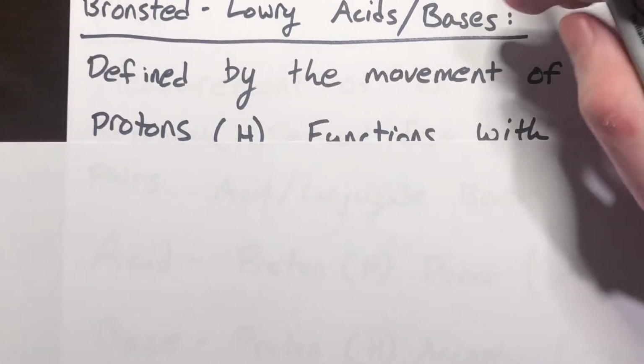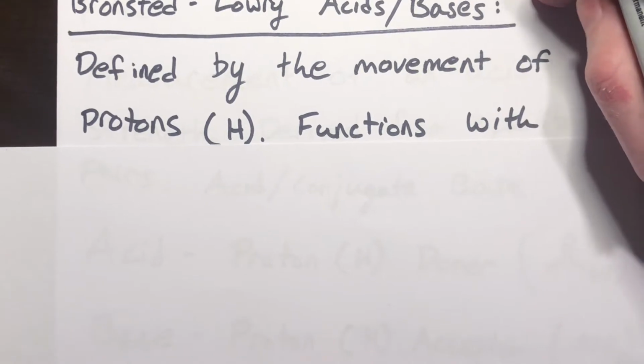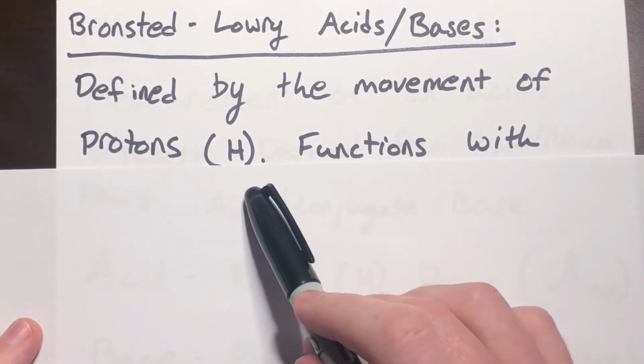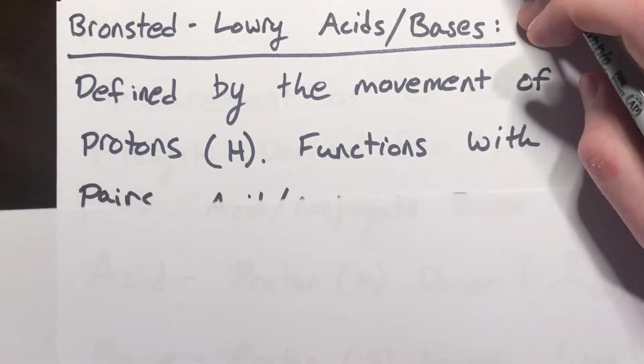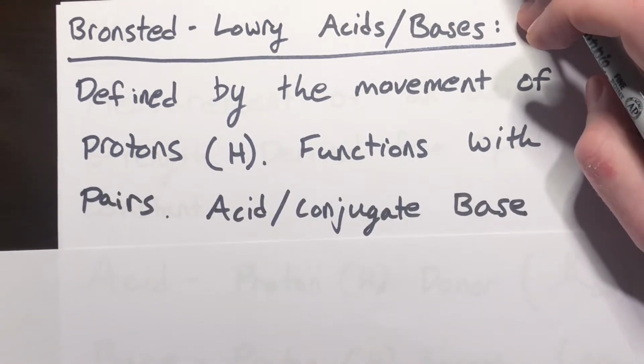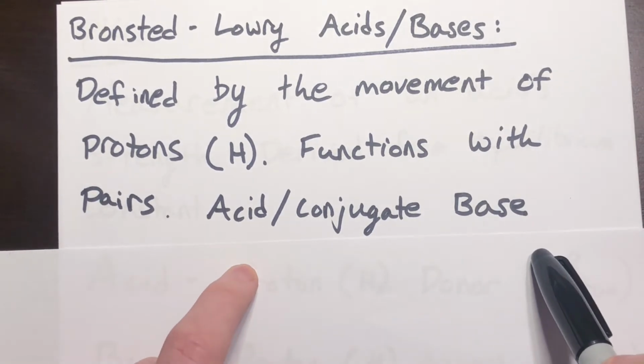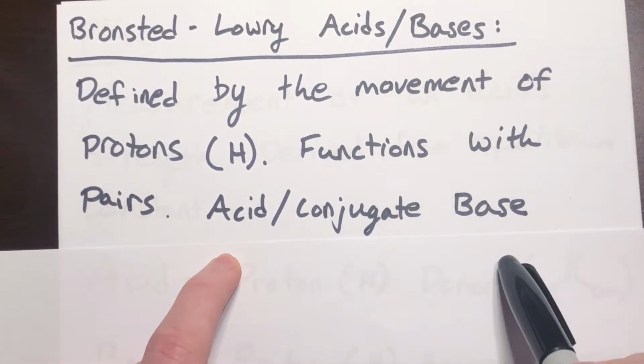So, first thing to point out is that Bronsted-Lowry acids and bases are defined by the movement of protons, which is hydrogen atoms, and they function with this idea of pairs, where there is an acid and then a conjugate base pair, or a base and conjugate acid pair.